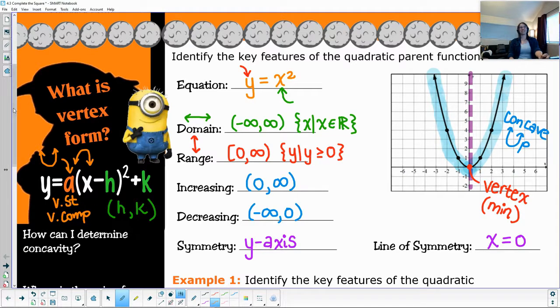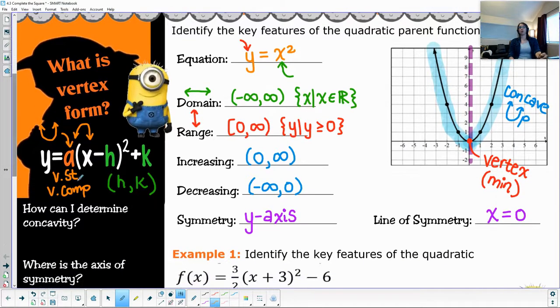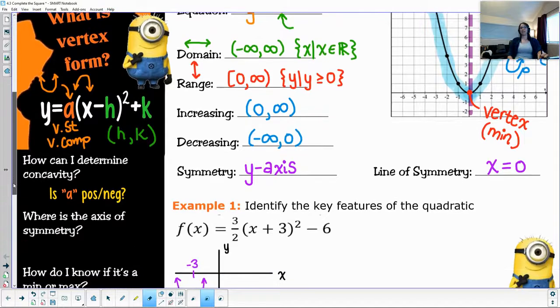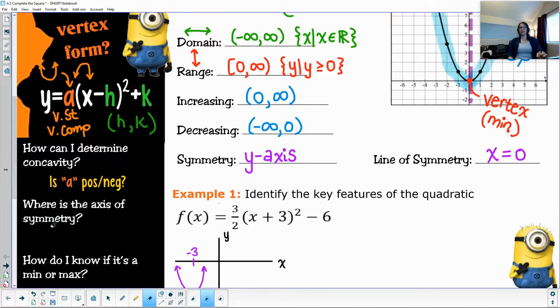Lots of different things. So how can we determine concavity? Well, hopefully that will depend on whether the A in front is positive or negative, because if it's positive, it's going to open up because it's happy. And if it's negative, that's what causes that flip for it to go down. Axis of symmetry, we can locate that by looking at our vertex. And you can kind of see that on our parent function. It goes right through that vertex.